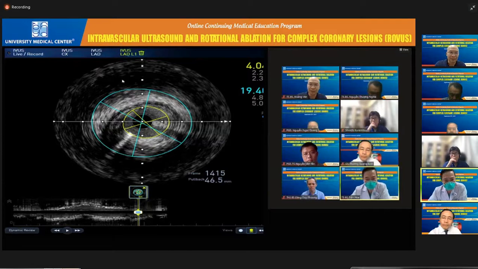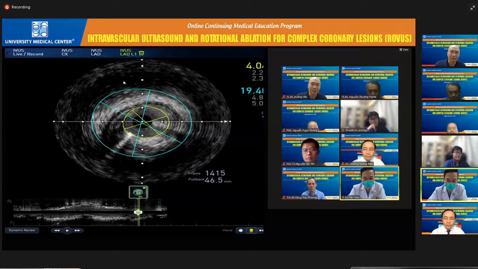With IVUS, I choose one stent technique, only one stent from the left main to the left main LAD, and provisional for the LCx. I can check after stenting with IVUS and angio, and after that we can choose to stent or not for the LCx.